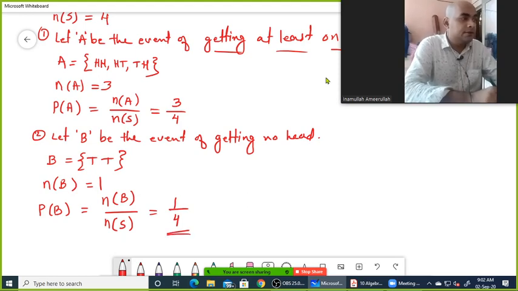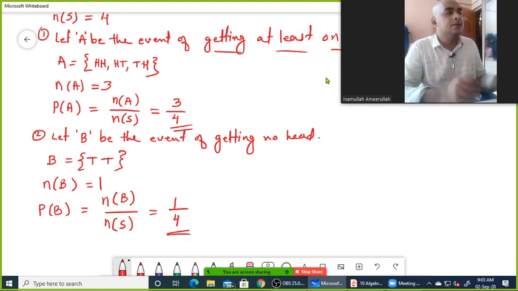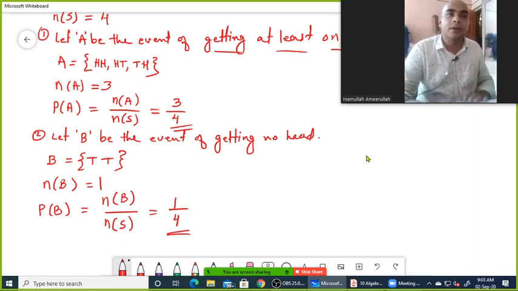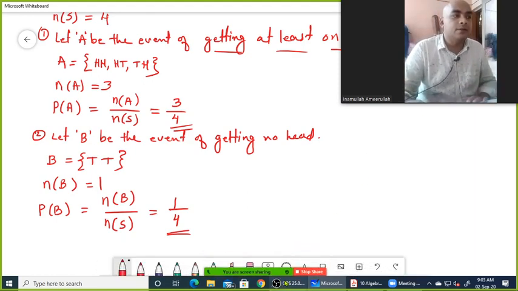So 1 by 4 is the probability of getting only tails or no head, and 3 by 4 is the probability of getting at least one head. This is the same formula for all the questions: the probability of any particular event is equal to number of that event upon number of sample space.